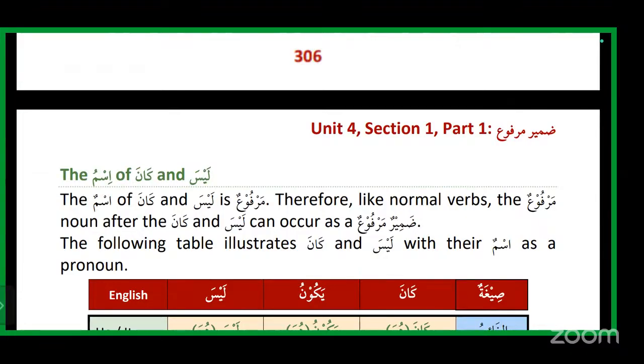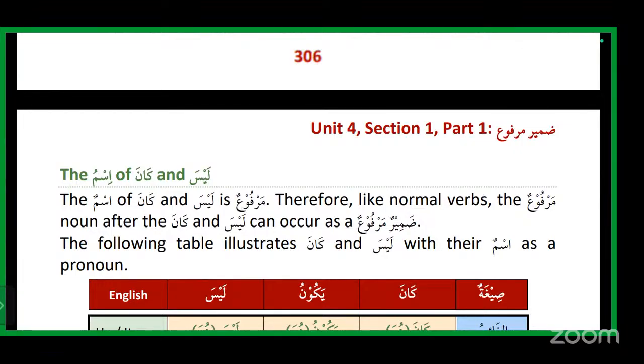First steps to understand Arabic. Page 307, Unit 4, Section 1, Part 1, ضمير مرفوع. The ismun of kana and laysa is marfu, like normal verbs.